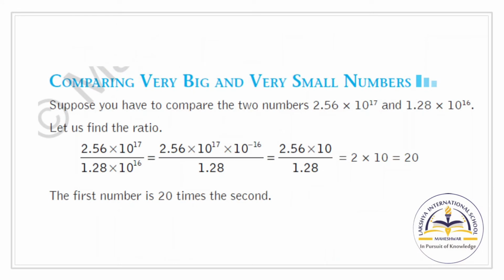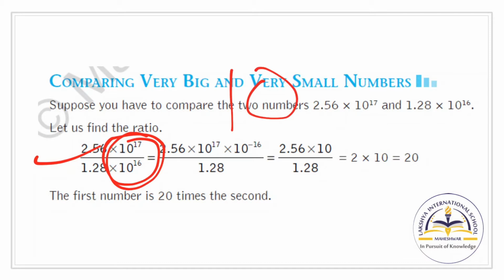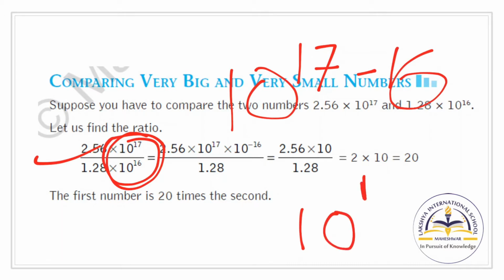Now comparing very big and very small numbers. Suppose you have to compare two numbers, that is 2.56 into 10 to the power 17 and 1.28 into 10 to the power 16. We will find its ratio, so we will write it here. If these numbers are in division form and the base is the same, we can subtract the powers, that is 17 minus 16, so 10 raised to the power 1 only.